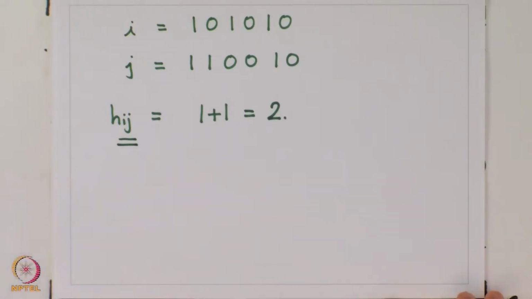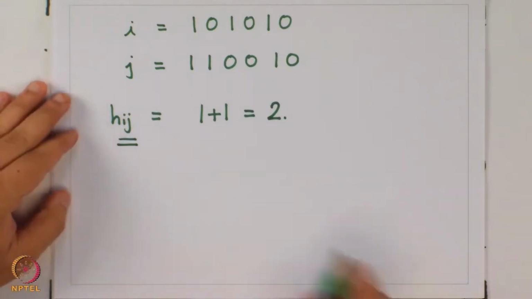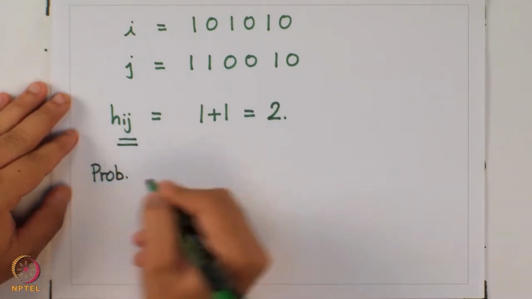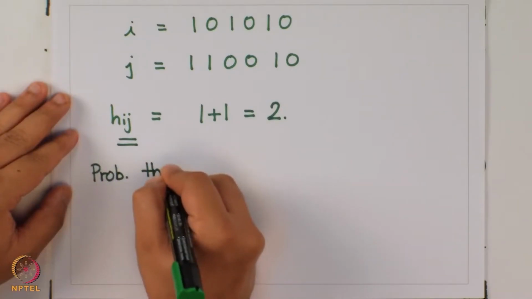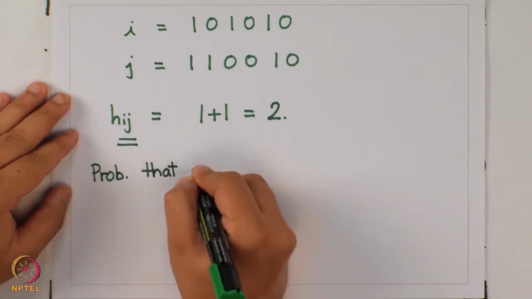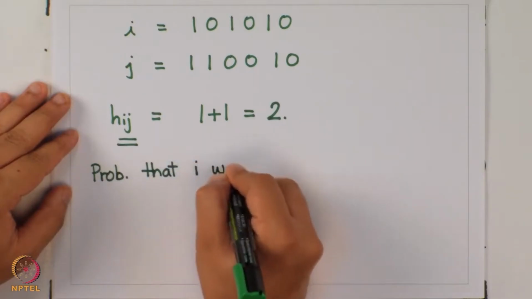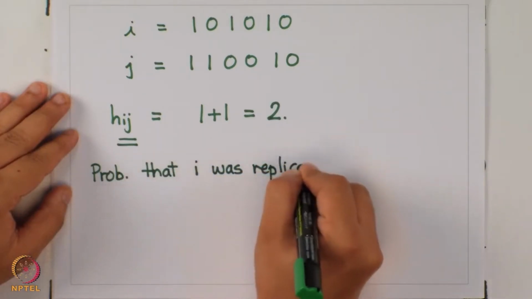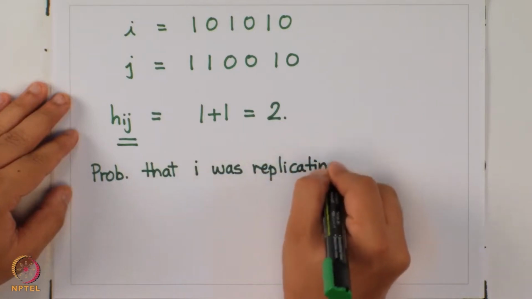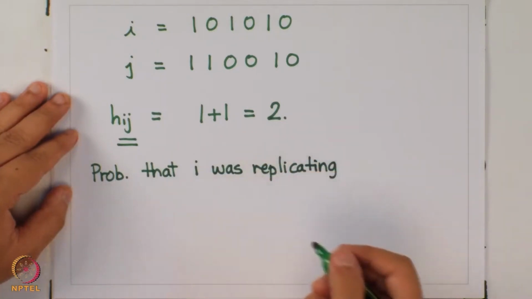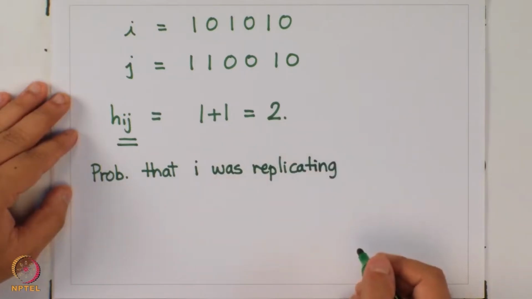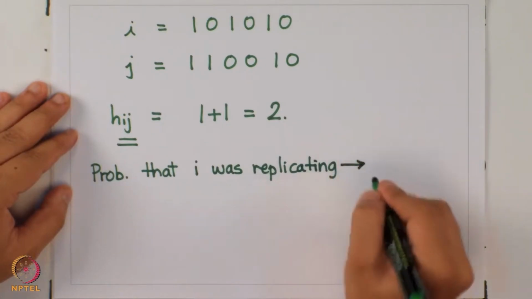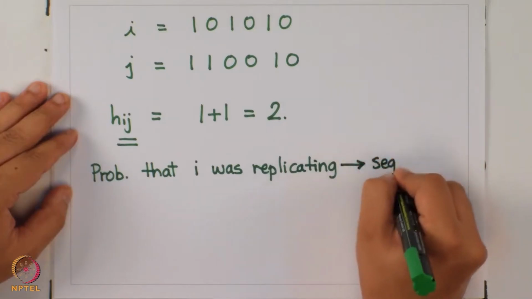Now, when there is replication happening, what is the probability that sequence I was replicating and, because there is a finite mutation rate associated with the process of replication, the progeny that was produced was actually sequence J?